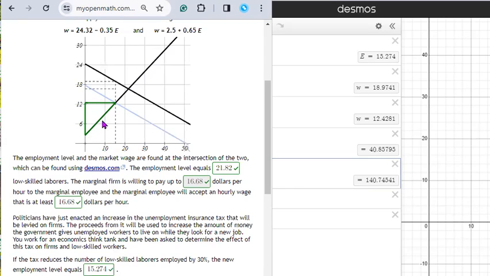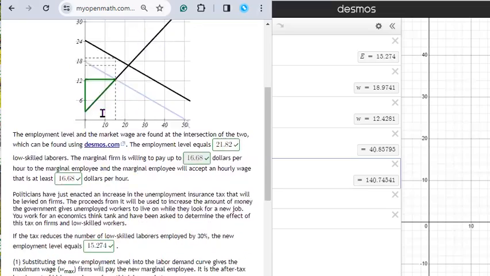The worker surplus before the tax is imposed for the migrant workers is this green triangle plus this rectangle created by this dash line and that dash line. So it's this whole quadrilateral, right? So this green triangle here is the worker surplus of the migrant workers after the tax is imposed.